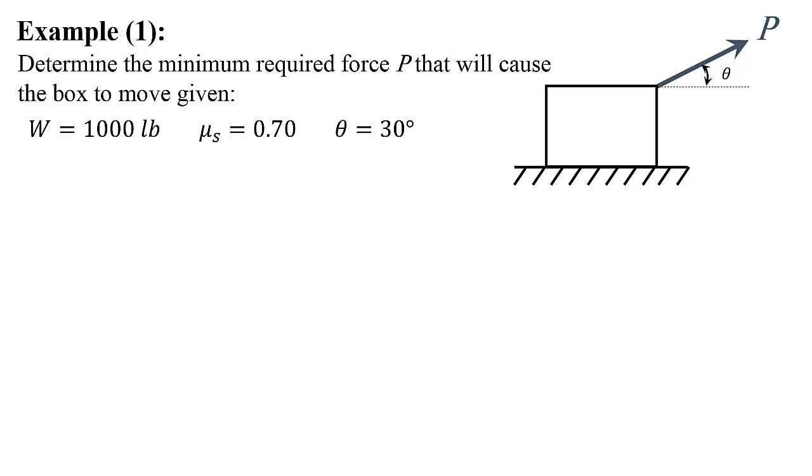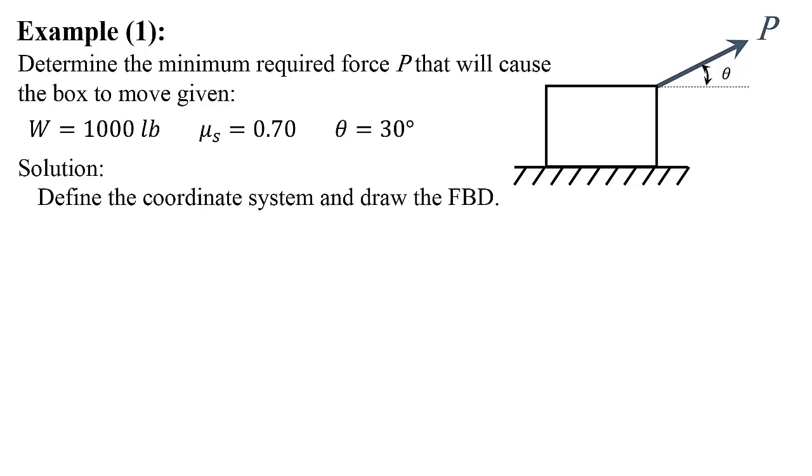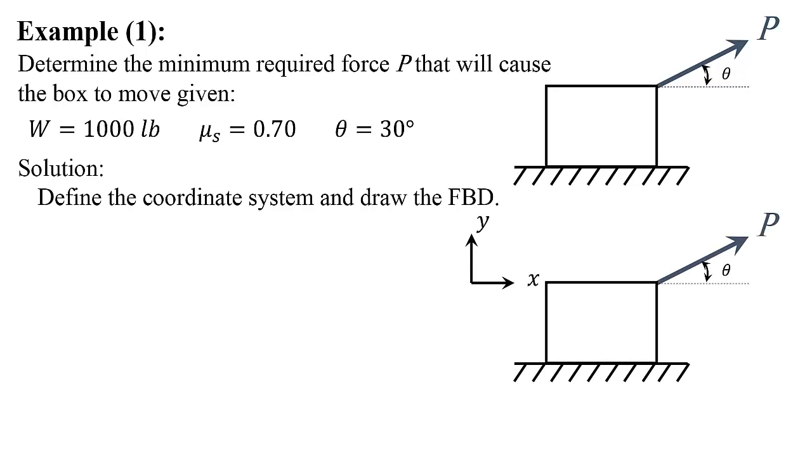So what can we do about this? First, define the coordinate system and draw the free body diagram. That's the key to all the problems in friction. Probably all the problems in statics, but for friction, start by defining the coordinate system and drawing the free body diagram. So this is my coordinate system, and this is the box. I'm going to draw the free body diagram now.